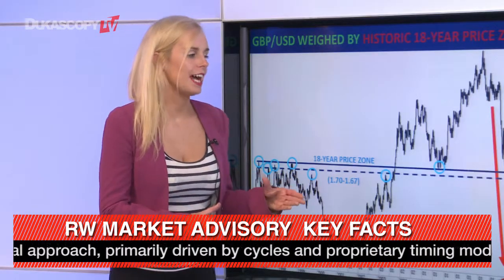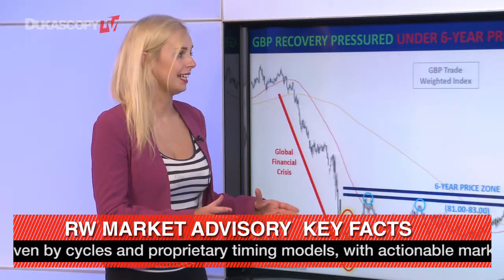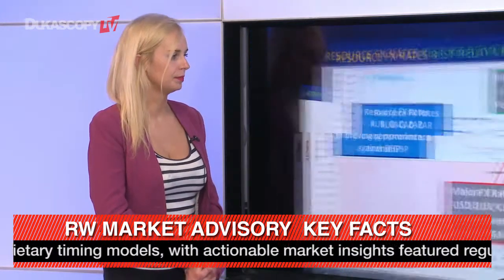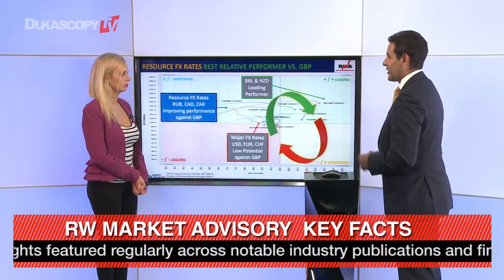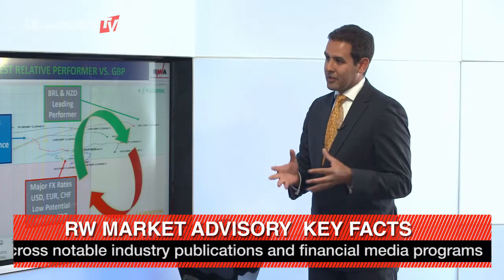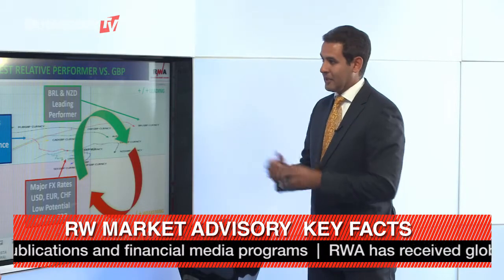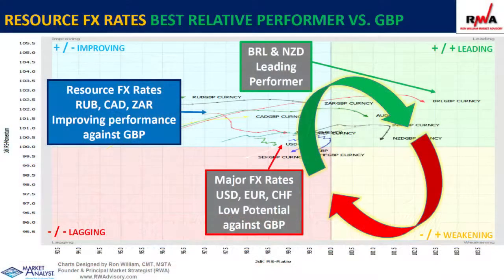Now, Ron, let's take a look at how the pound is actually performing against other currencies. Well, this is a great new chart that tells that story in terms of the performance of a basket of currencies against one benchmark, like the pound. It's a quadrant of a market cycle of performance. If you follow the arrows clockwise, we have leading performers in the top right-hand corner, then weakening performers, lagging, and then improving. In the center, of course, is the pound benchmark.